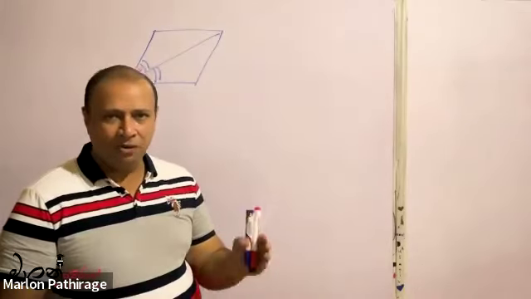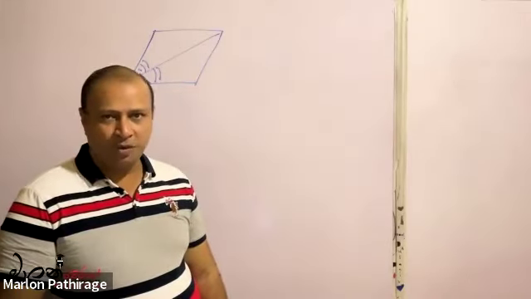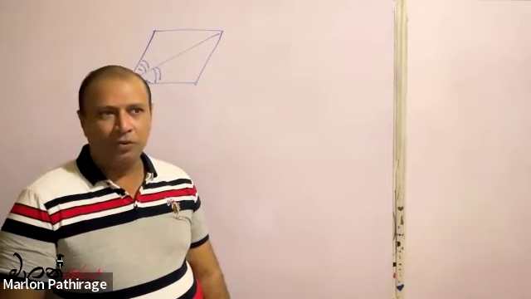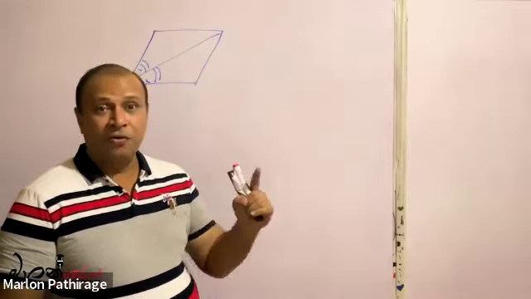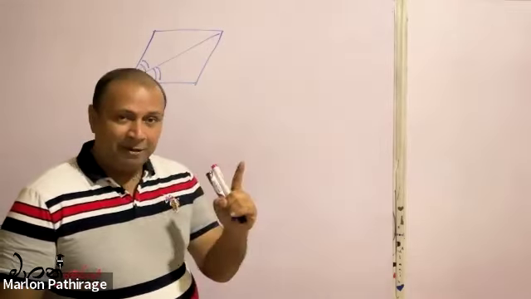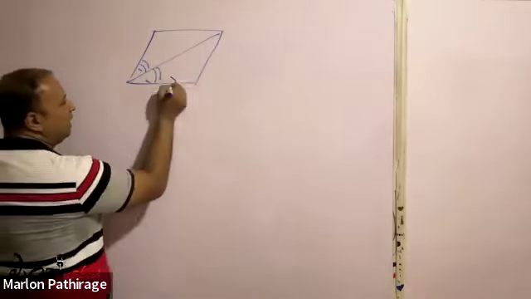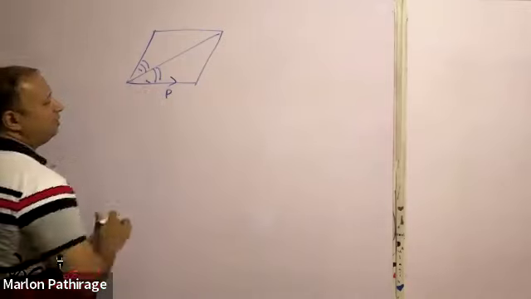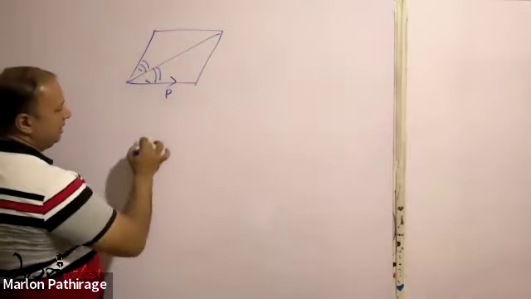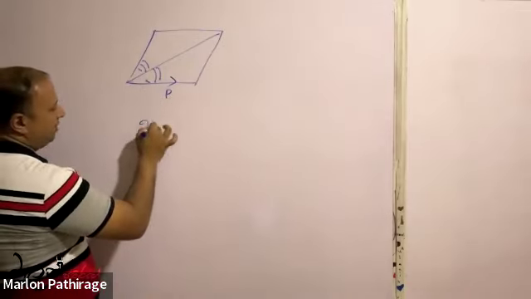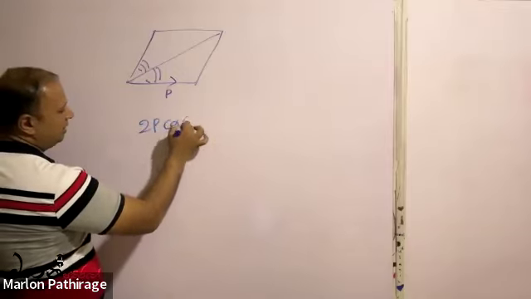In a rhombus, you know that equation to be cos theta over 2. If the value of one vector is P, the resultant vector is 2P cos theta over 2.